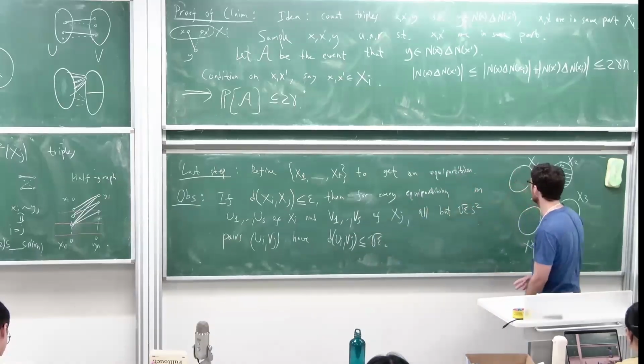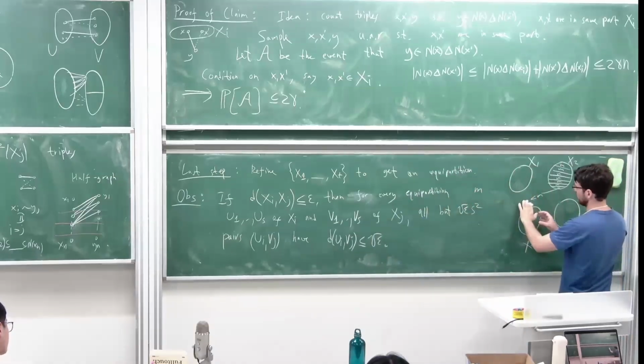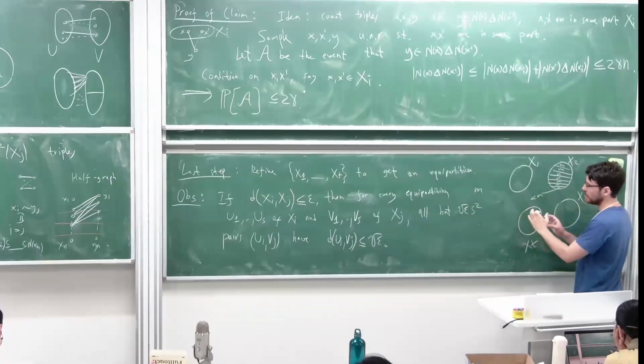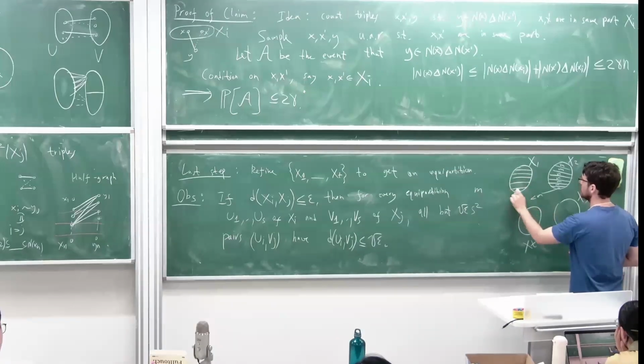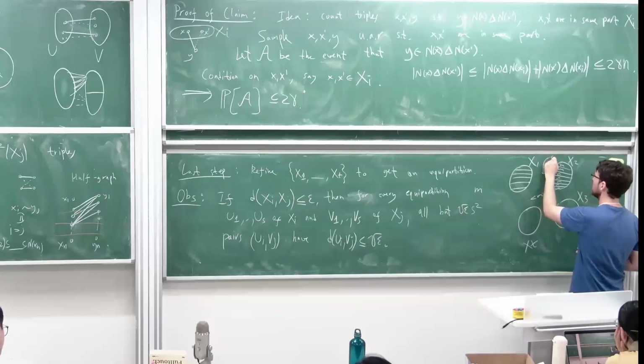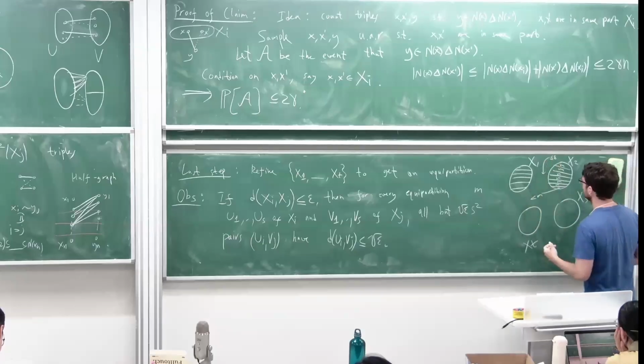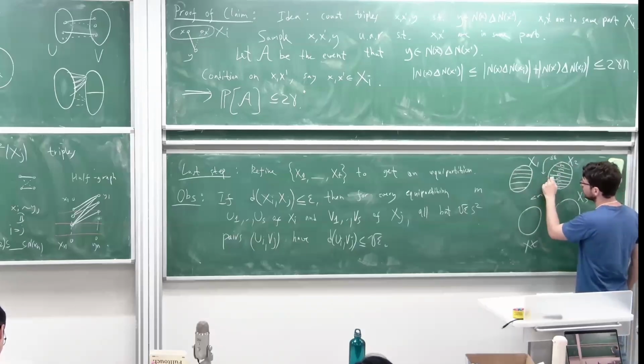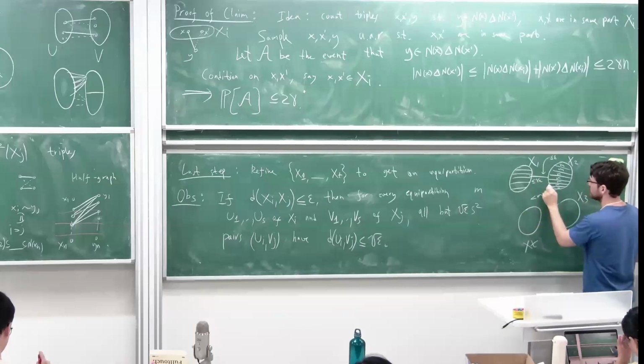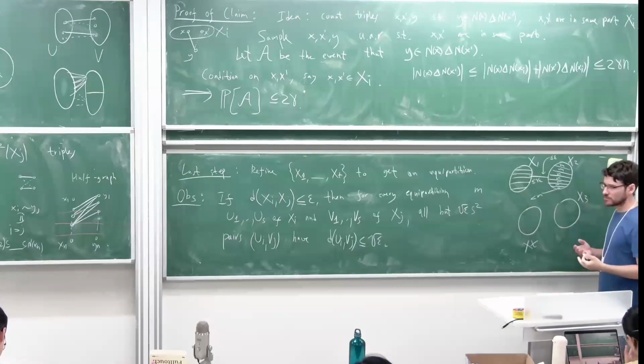So if you have a pair of sets where the density is less than epsilon and you refine it, you take equipartitions, then no matter how you do it, most of these pairs will have density less than square root epsilon. And the proof of this is just Markov's.